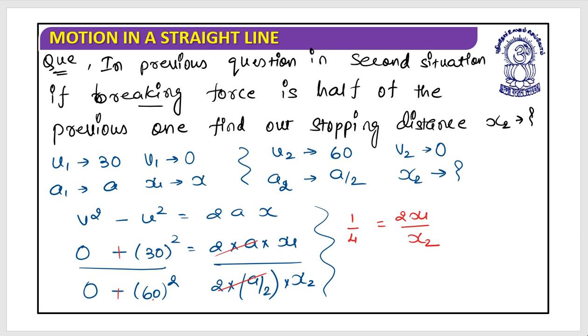So what I require is x2. This x2 should be equal to 8x1. Easy? Yes, indeed it is very easy. So I hope this kind of thing can be done by you guys. Please do this kind of questions.